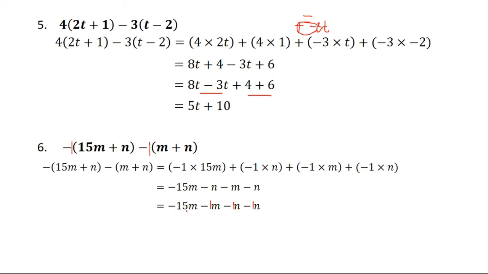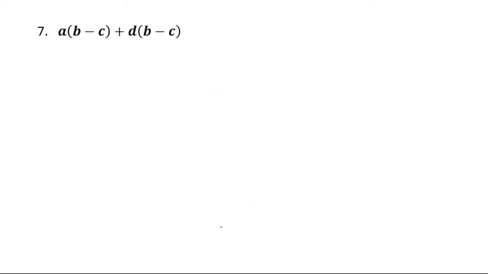So minus 15 minus 1 is going to give us minus 16. So you have minus 16m. Then minus 1 minus 1 is going to give us minus 2. So minus 2n.